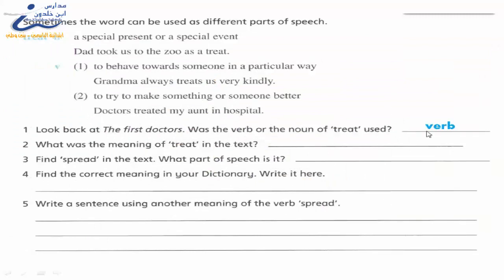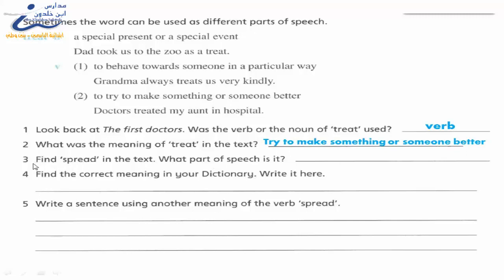Okay. Number 2. What was the meaning of the word treat in the text? Correct. Try to make something or someone better.